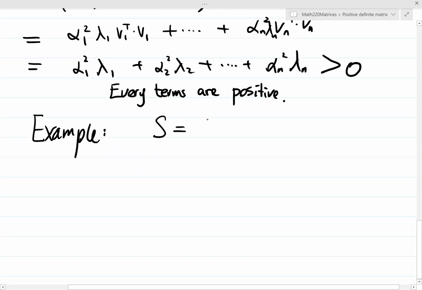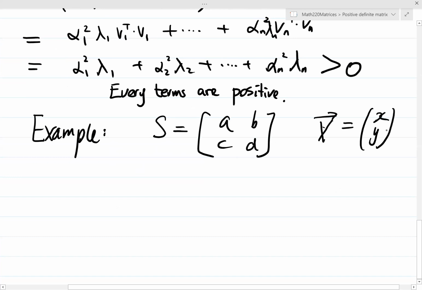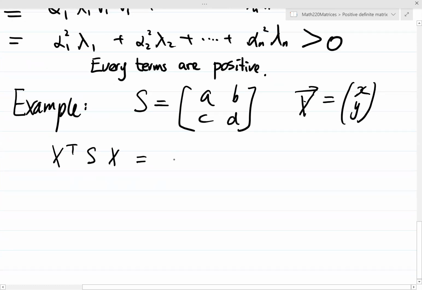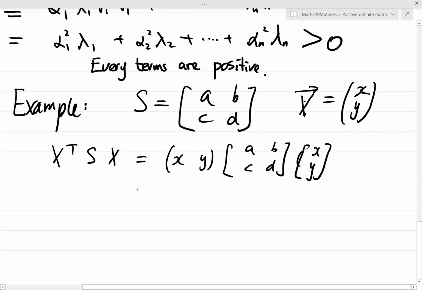Suppose this matrix S is [a, b; c, d]. Let's take any two-dimensional vector (x, y) in R2. Now we find x transpose S x. Let's just compute and see what we get. We get (x, y) times the matrix times (x, y), which gives ax plus by, cx plus dy.